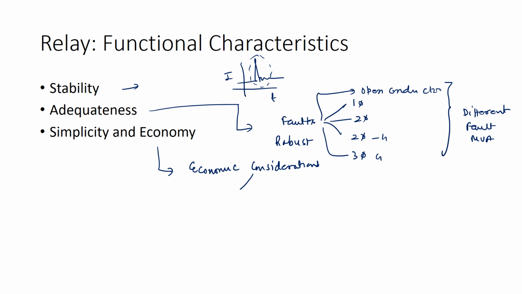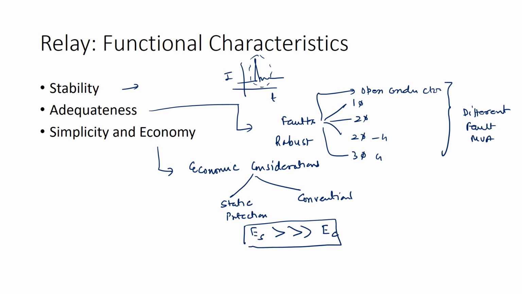When I talk about two types of protection system, one is the static protection system, which is a microprocessor based system, and another is the conventional electromechanical system. If I talk about the economic consideration, EC is greater than ES.